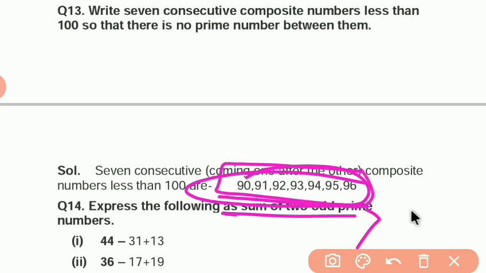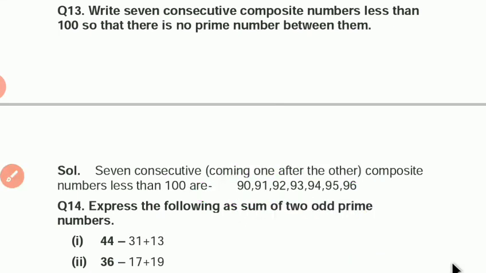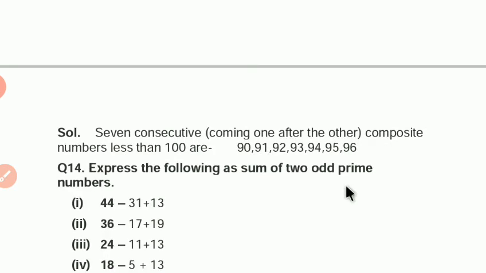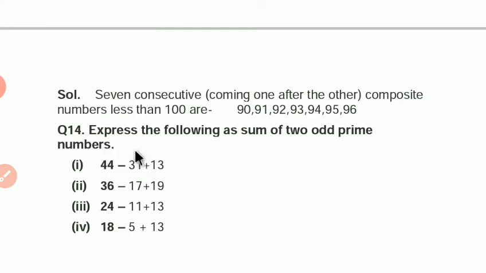All these numbers are composite, meaning they have more than 2 factors, and there is no prime number between them. So 90 to 96, where all numbers are composite, with no prime number between them.